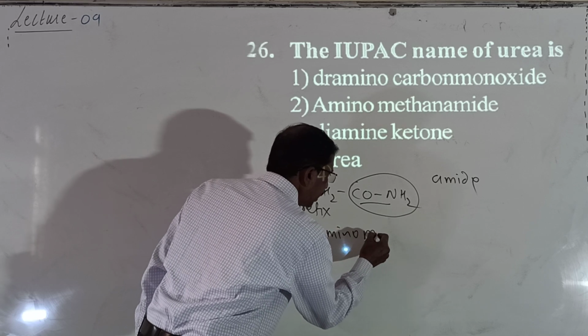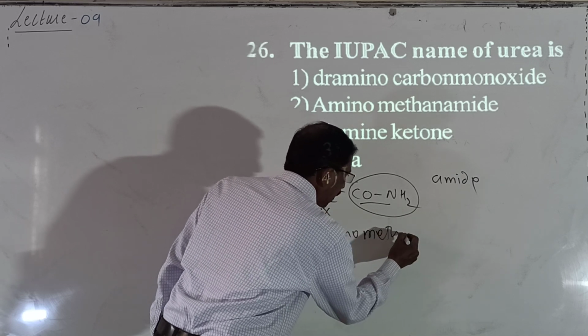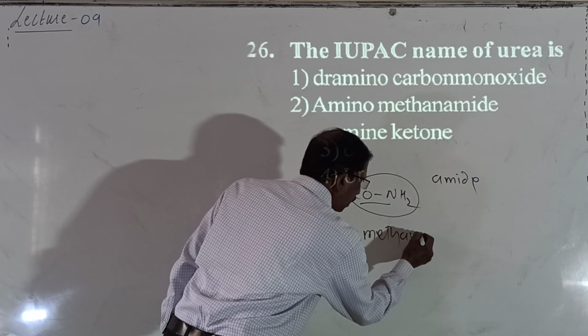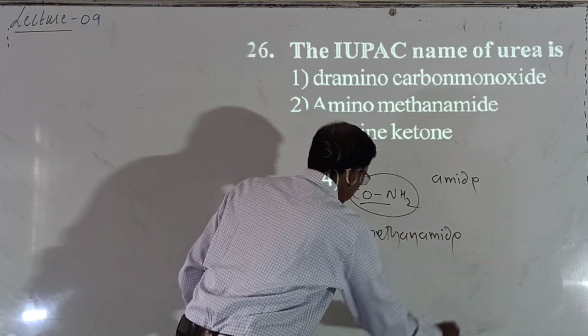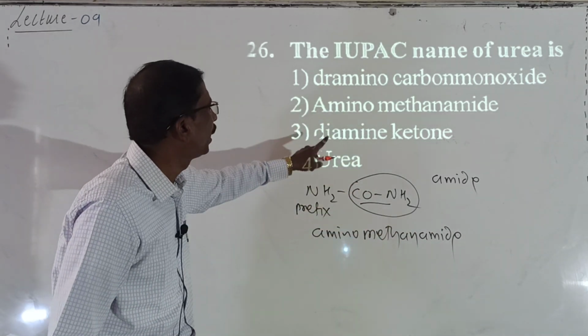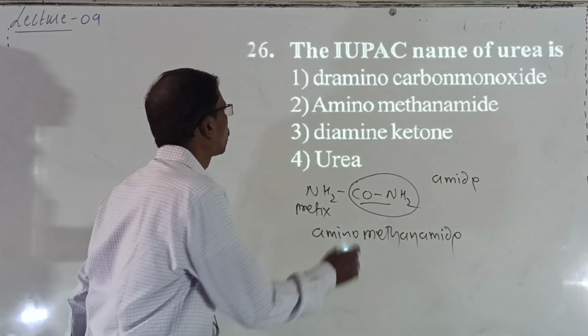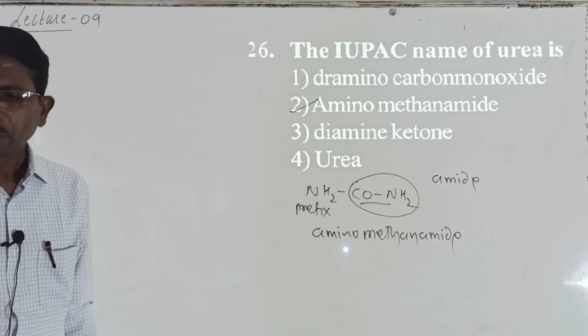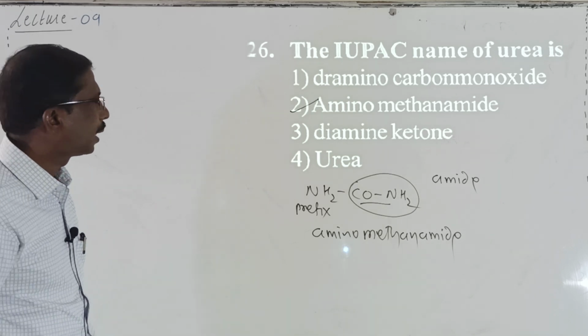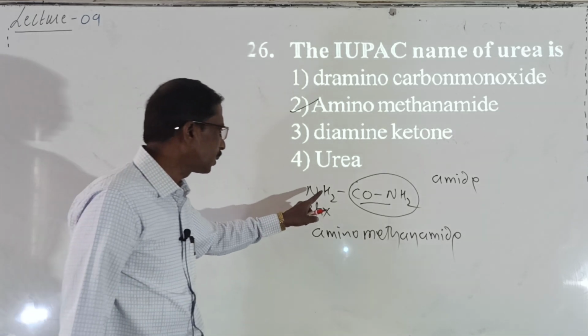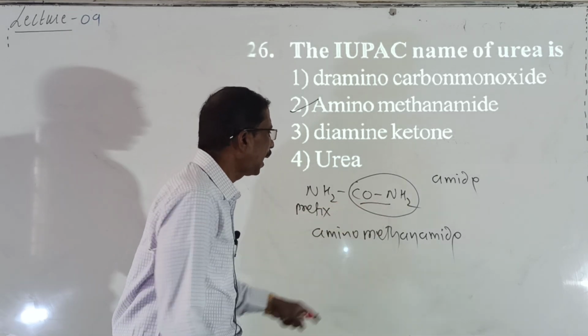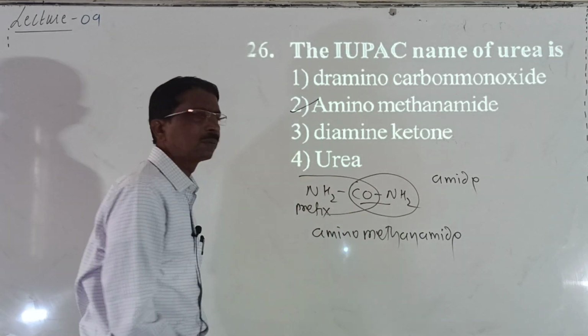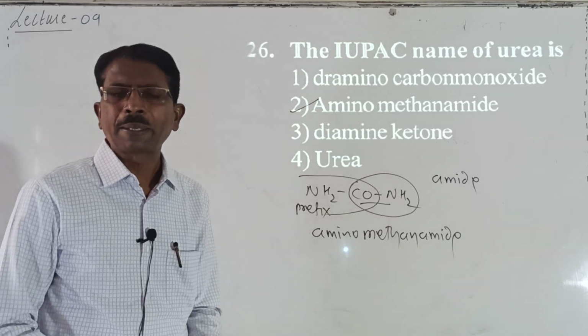Amino, meth, one carbon, and ANE, the E is replaced by amide: aminomethanamide. So this second answer is aminomethanamide. Look here, you write like this, it is the prefix. Otherwise you may choose this side, both sides are the same.